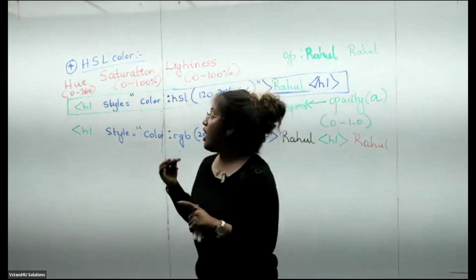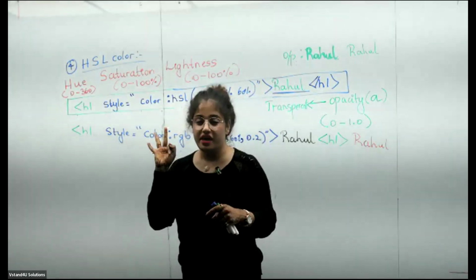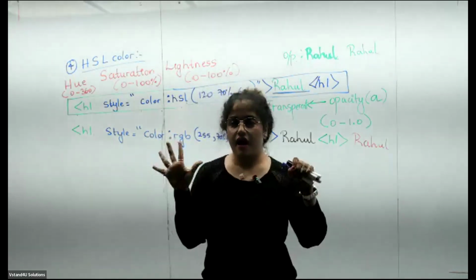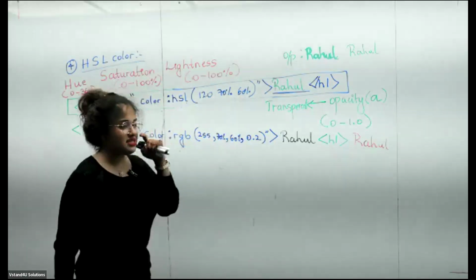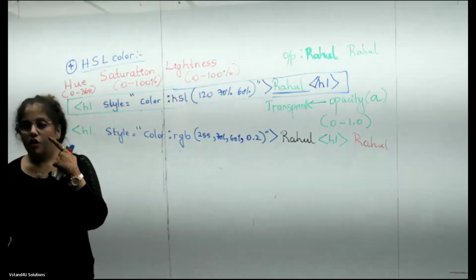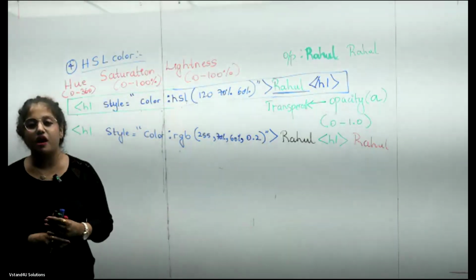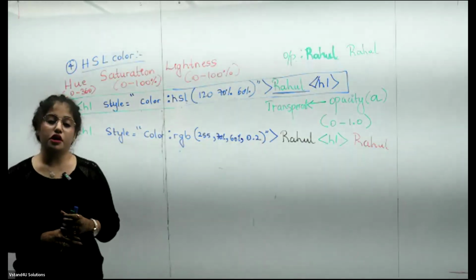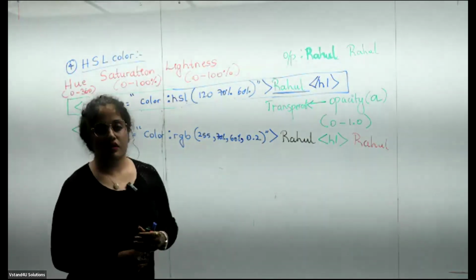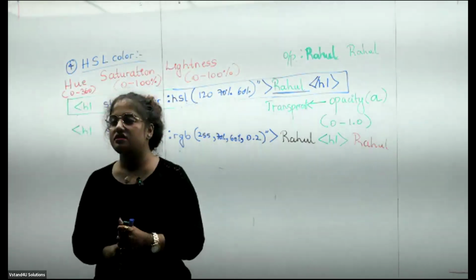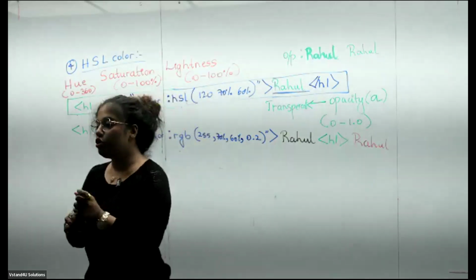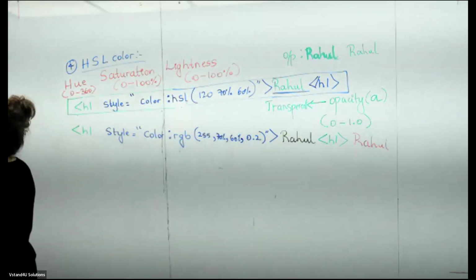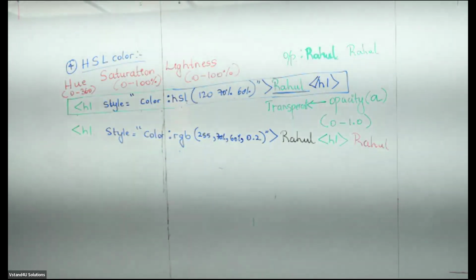Next, RGB color, RGBA color, HSL and HSLA color. What is A? Opacity. Your hue value ranges from 0 to 360. RGB value ranges from 0 to 255. Clear with this?